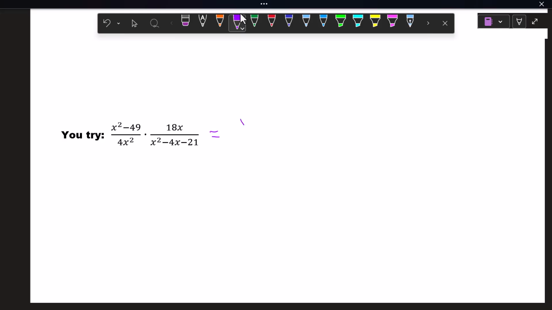X squared minus 49, that is a difference of squares. 4x squared cannot be factored. 18x cannot be factored. X squared minus 4x minus 21 is x minus 7, x plus 3. So what can cancel out?